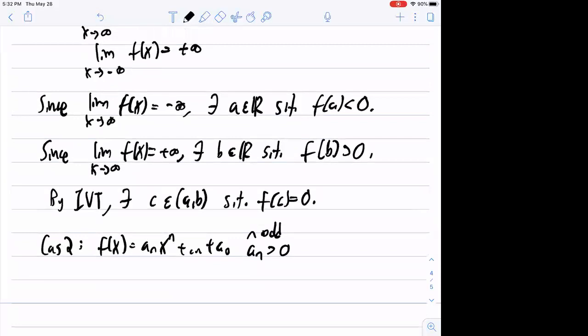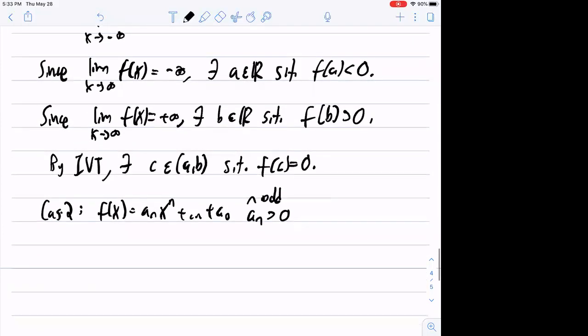I mean nobody writes x squared as 0x cubed plus x squared, right? You always write the highest order term as the non-zero one, right? So this case is true. So from here, same idea, right?